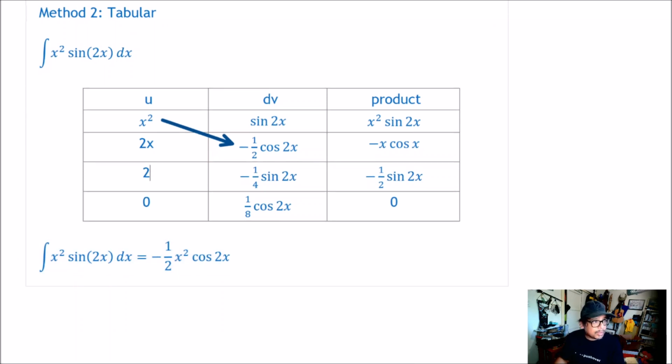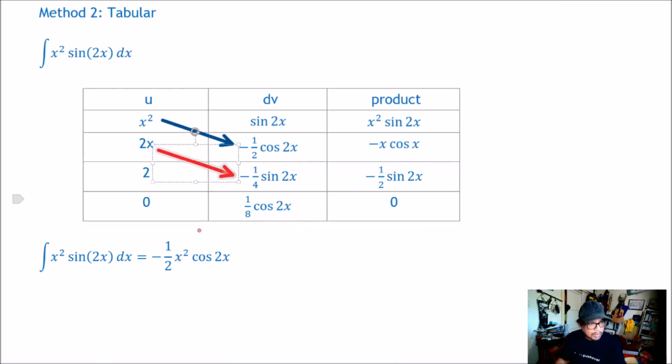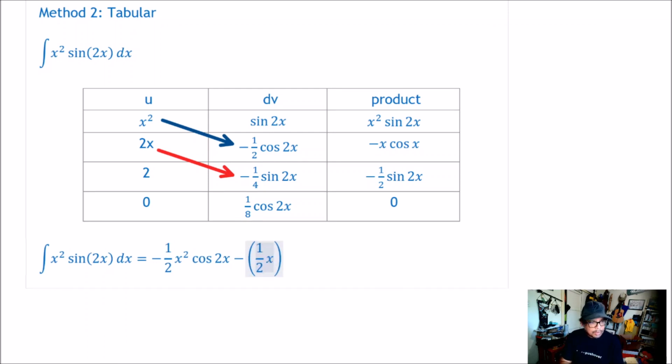Our second one is going to have to be negative because we alternate between positives and negatives. So this next one, I'm going to multiply these two together, and we're going to say minus now. So minus, if we multiply those two together, we get 2 times 1/4 is 1/2 x sine of 2x. And I think I forgot my negative sign here.